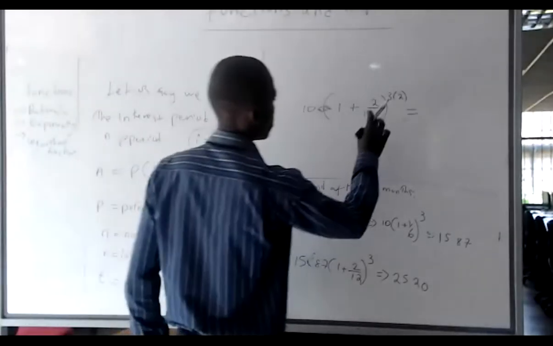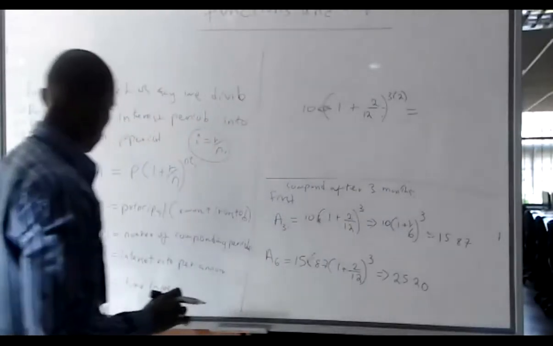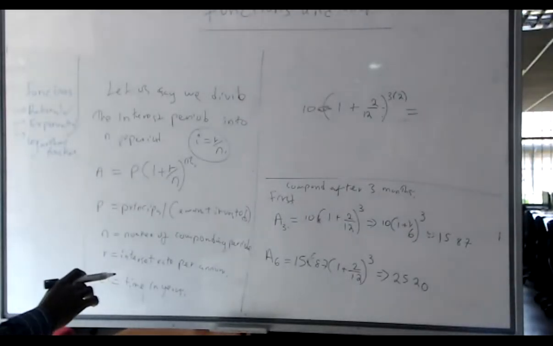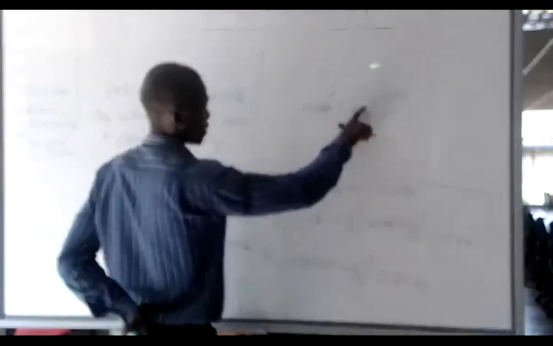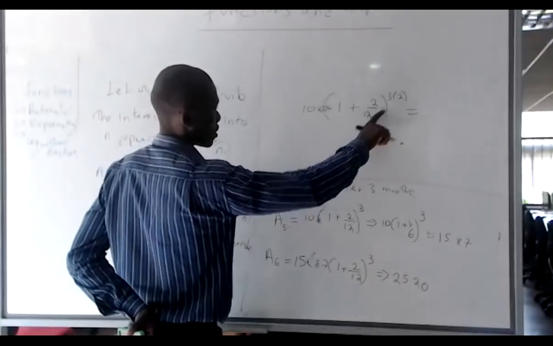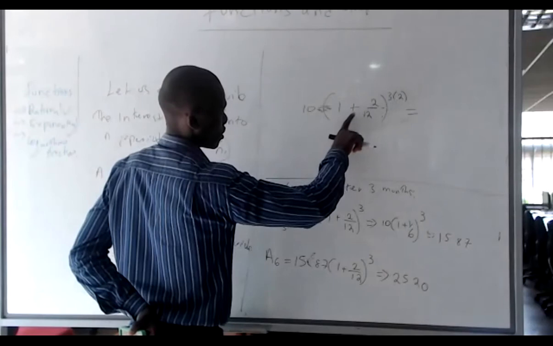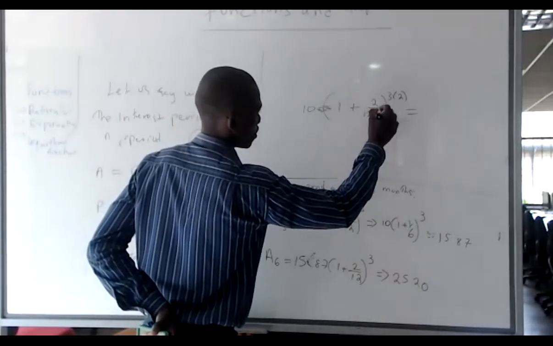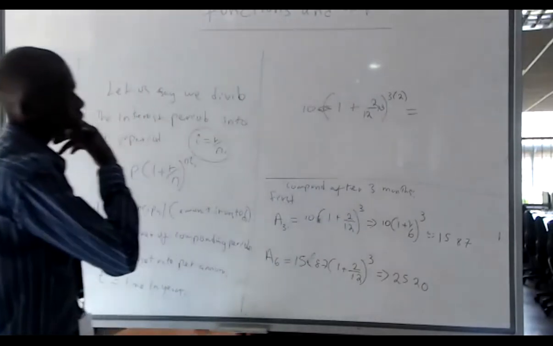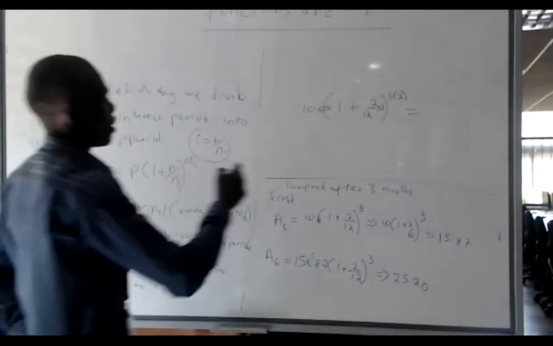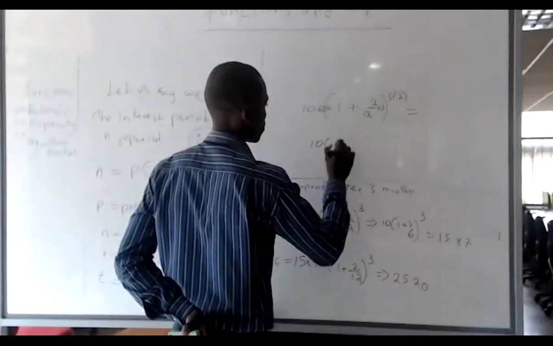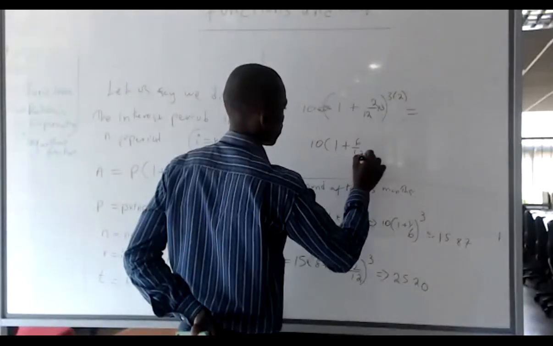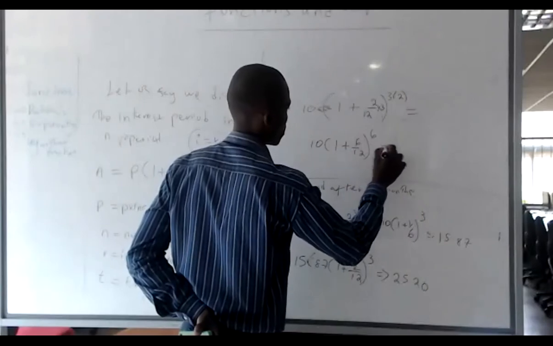I'm getting the same 13.8. 13.83. Just a moment. 2 divided by 12. 3. How about this? 10 times 1 plus 6 divided by 12, or 6.